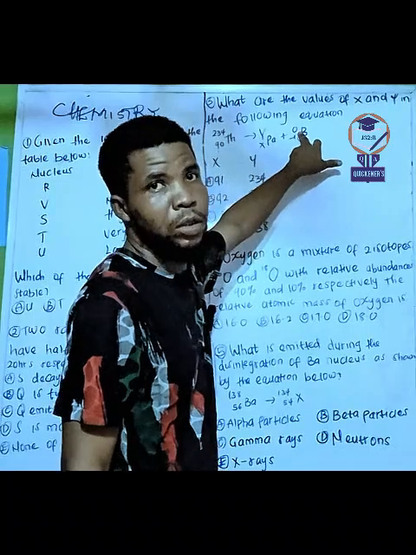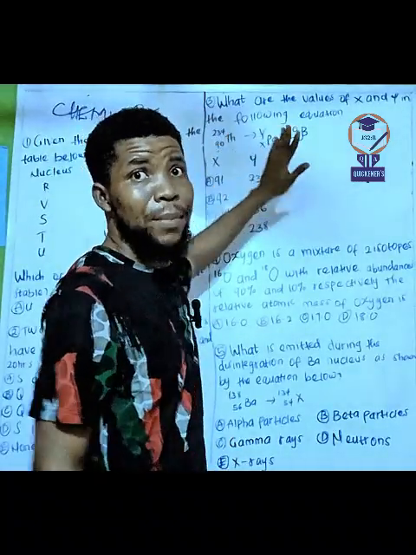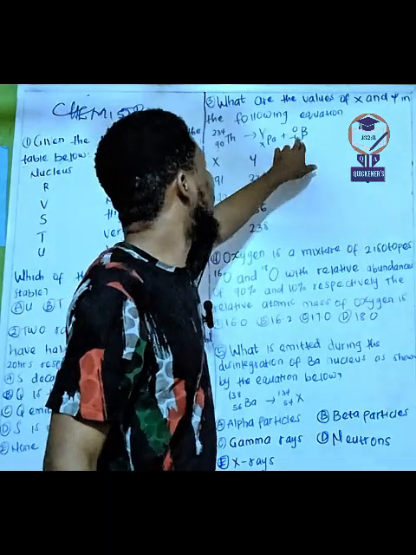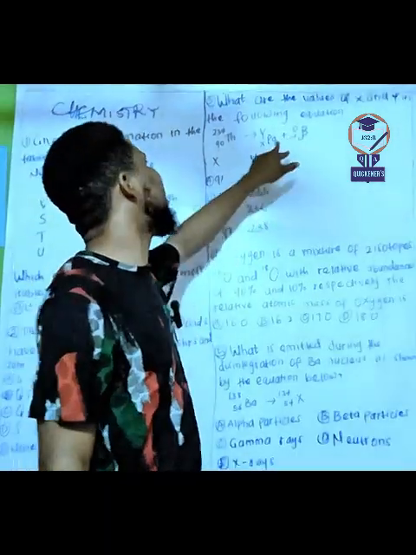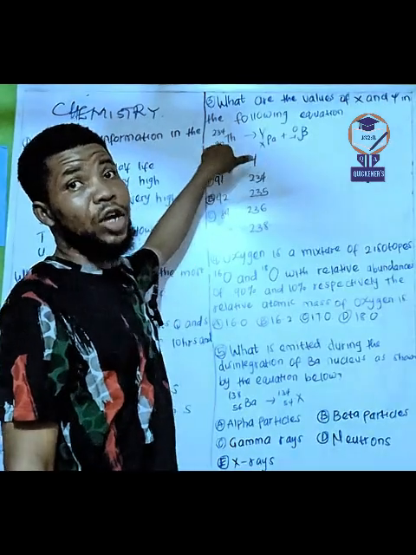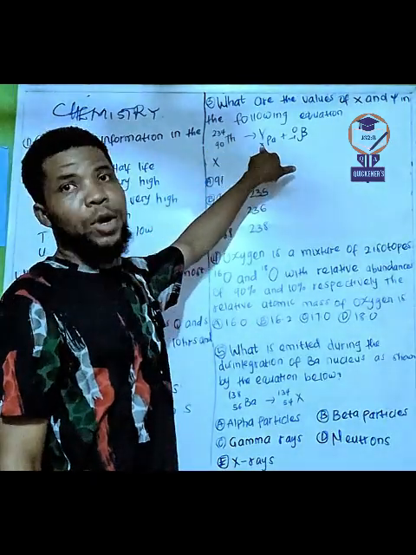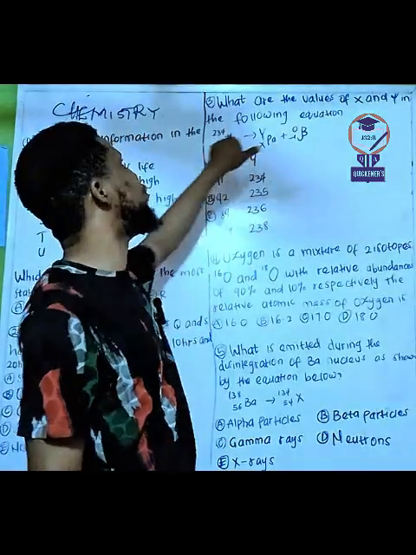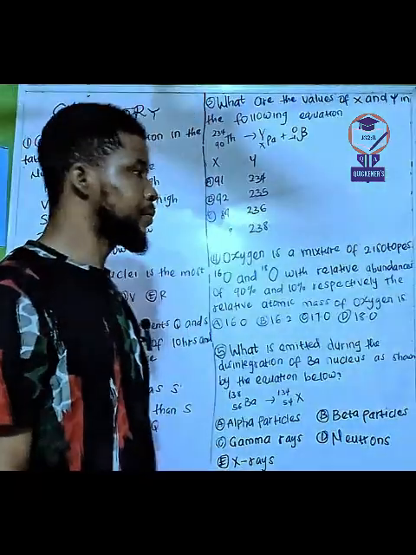No mass was lost, so Y still remains 2, 3, 4. With a beta particle, no mass is lost. But in the atomic number, you have minus 1. Minus 1 means an additional atomic number. So here will be 91, because 91 minus 1 must give you 90. The left-hand side must be equal to the right-hand side.